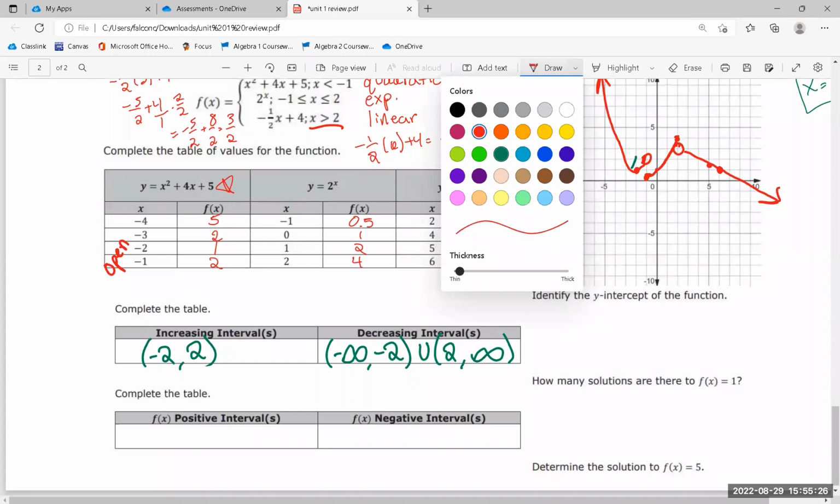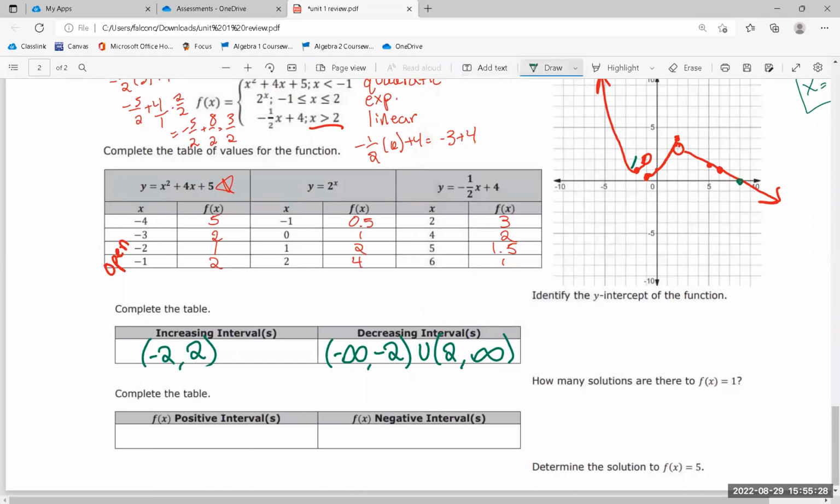It looks like we are positive up until over here. My graph, like this quadratic and this exponential and this first part of this linear, is all above the x-axis. So all these negative x's, so negative infinity, up until this dot right here, that's where I stop being positive. And it looks like 8, but let's just make sure.